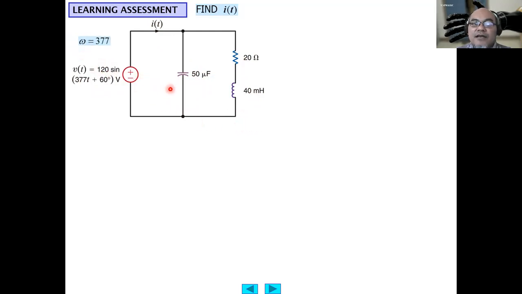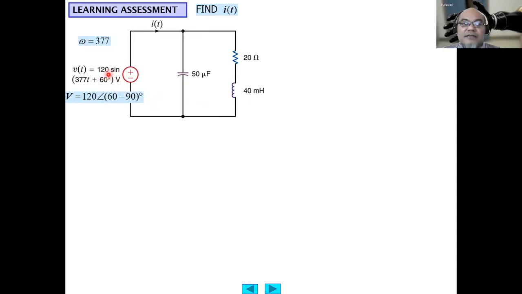Omega is known to be 377. This is not in hertz, so this means radians per second. So the voltage can be expressed as, since this is in sine, be careful. A phasor is always the representation of a cosine signal. So from sine, you have to first re-express it as cosine.